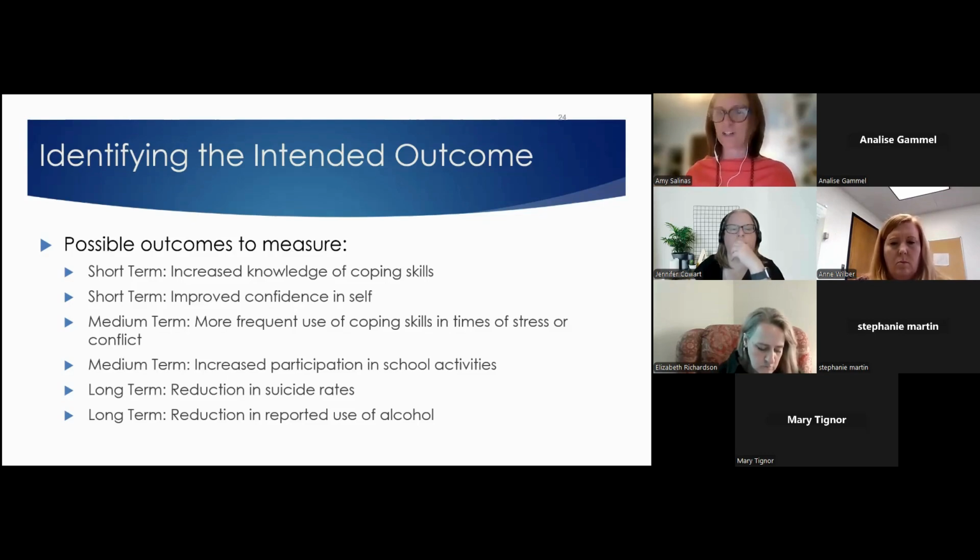Okay, those are actions or behaviors. Long-term might be reduction in suicide rates, reduction in reported use of alcohol. These are just examples, but I'm demonstrating different types of outcomes you could put in there based upon the definitions of that column. I'll show you also the sample that will give you more.